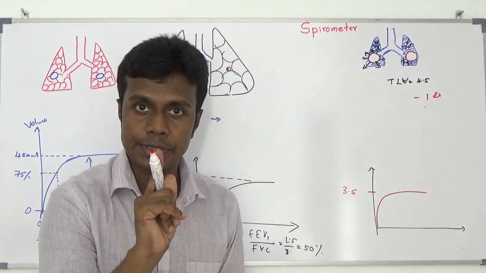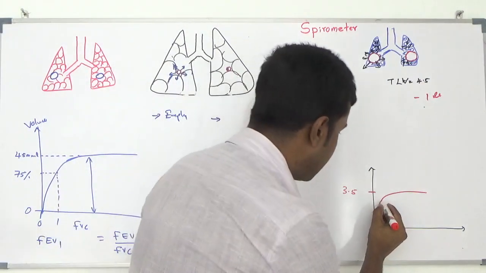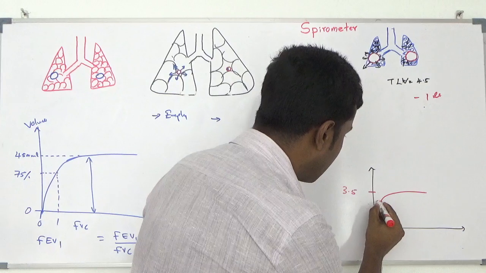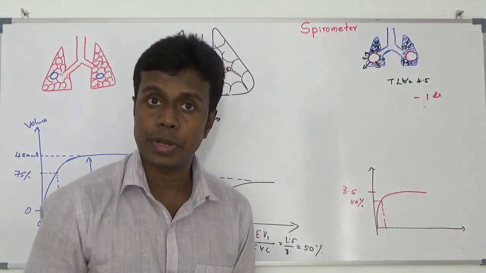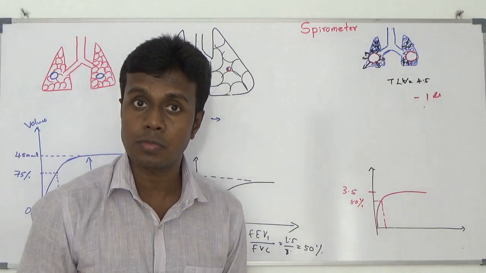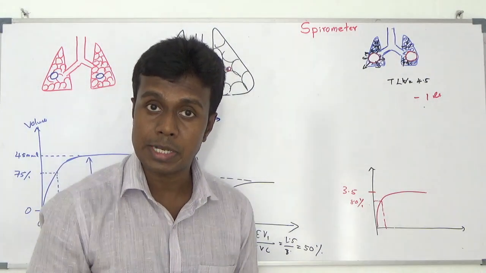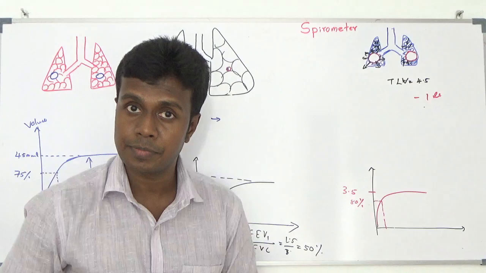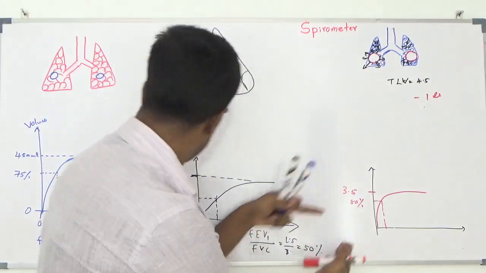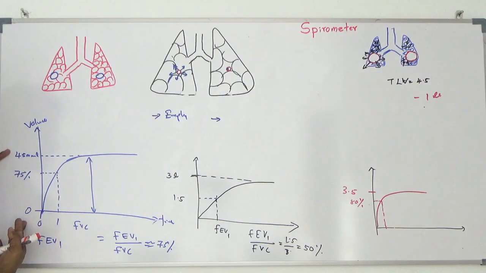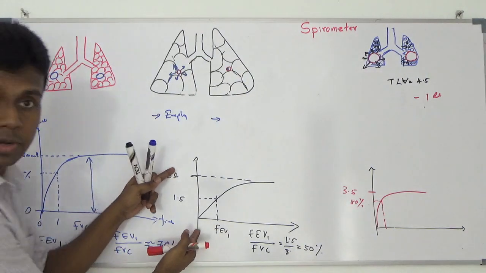Within the first second, they can remove up to 80% of the air from their lung. That means expiration is much easier. But they have a lesser amount of vital capacity. Here 3.5, here 4.5, sorry, here 3.